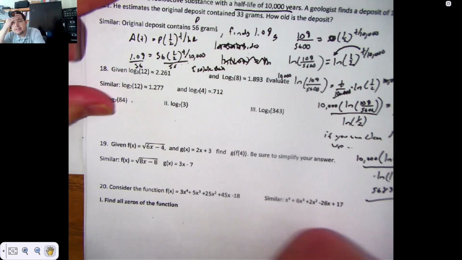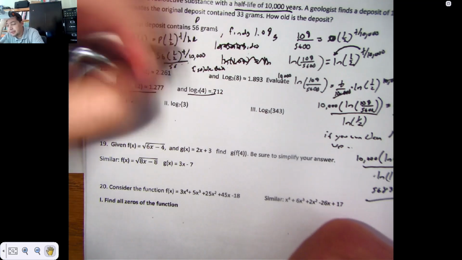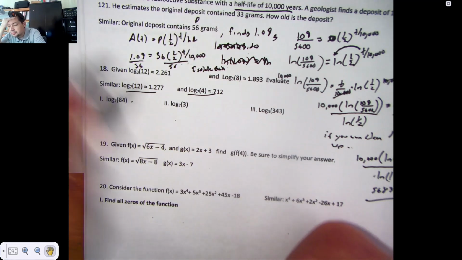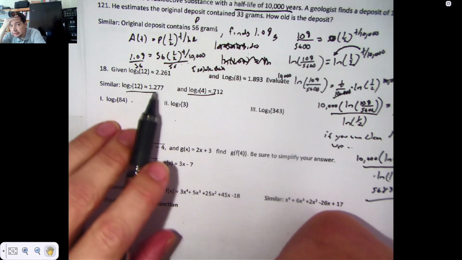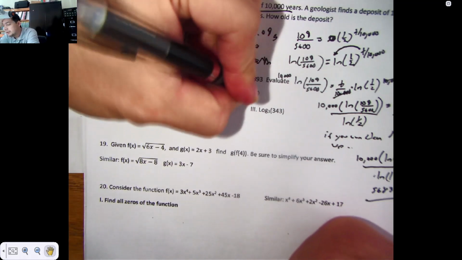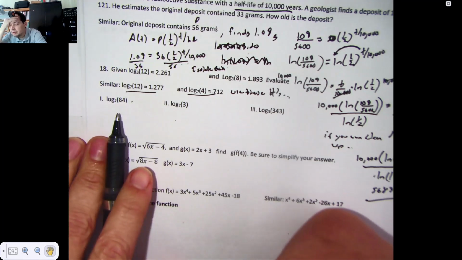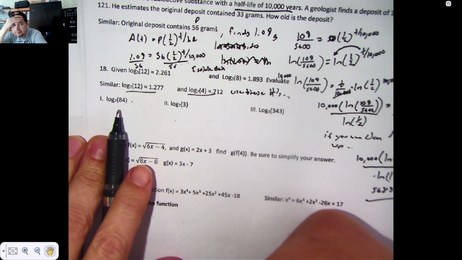Let's see here. 18 is that ACT style stuff. So you're given some information about some logarithms and you're asked to do a couple things with them. And you're supposed to use these numbers, not your calculator, okay? Use these numbers. So you're asked to do log base 7 of 84.